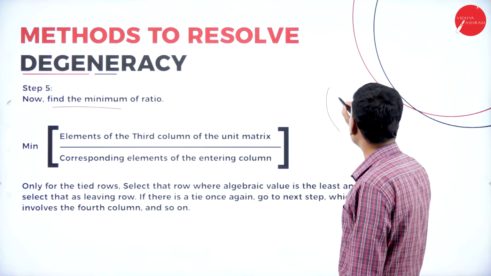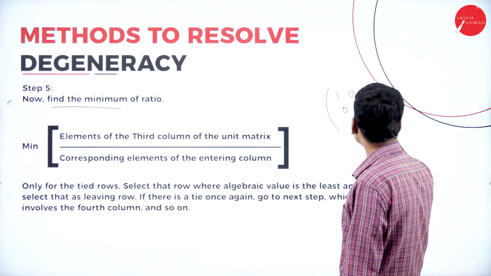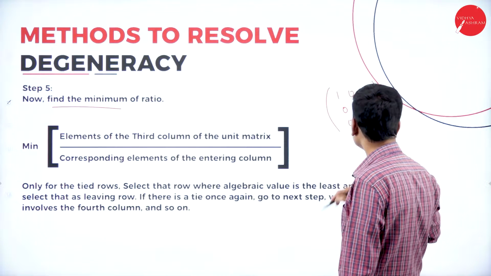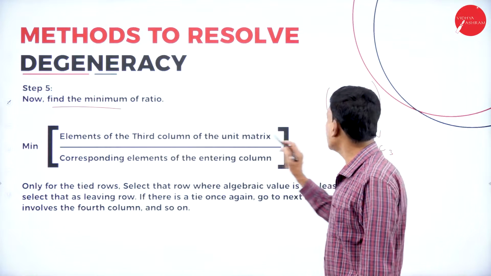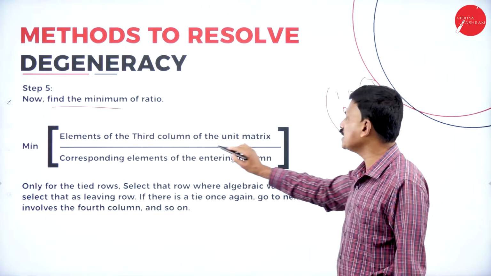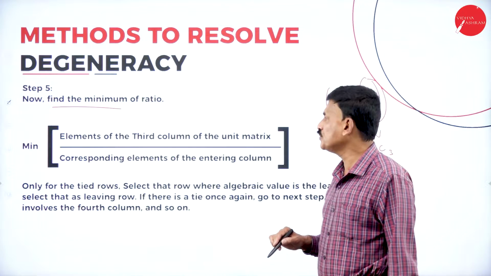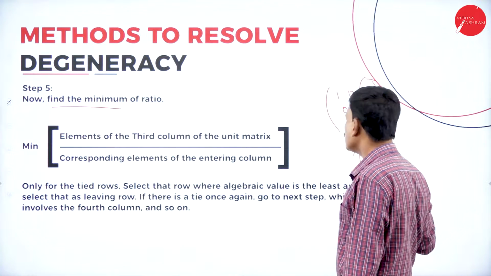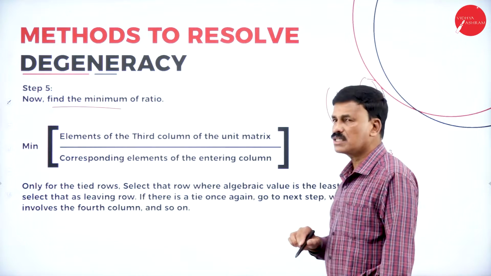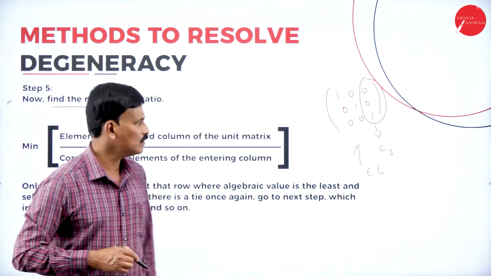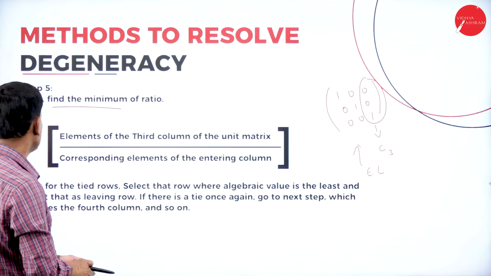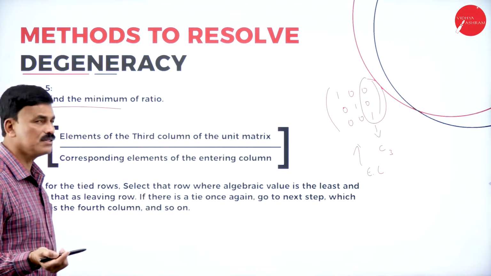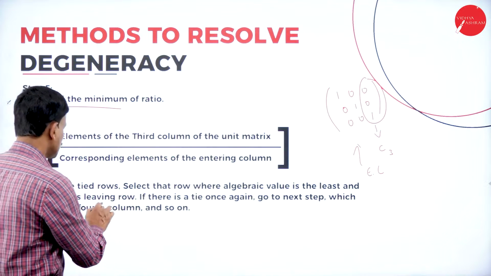Now for the third column, 100 010 001, if it is 3 rows and 3 columns, the elements of the third column of the unit matrix divided by the corresponding elements of the entering column will give the minimum ratio. Only for the tied rows, select the row where the algebraic value is least and select that as the leaving row.